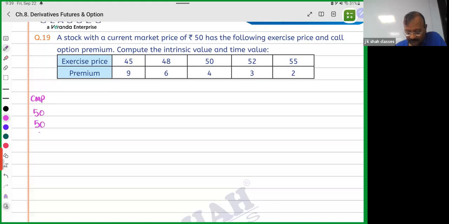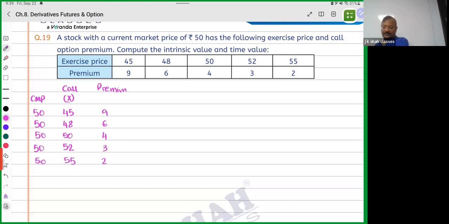The call exercise prices are 45, 48, 50, 52, 55, and they've given the premium as 9, 6, 4, 3, 2. Now, before segregating the intrinsic and time, what you need to do is classify whether this option is ITM, ATM, or OTM, and then find out the intrinsic value and time value. You do it, then I will do it.